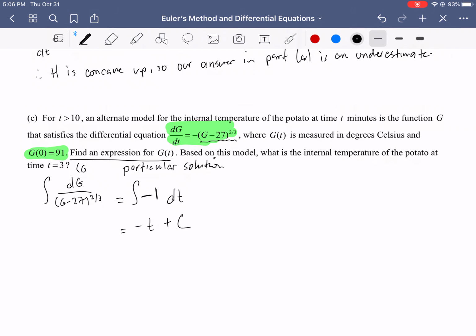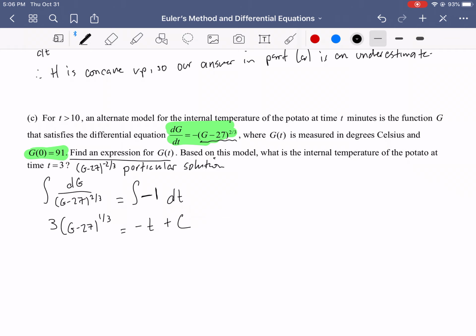I'm going to try to write it in this space right here. And so when I bump up and divide that, it's going to become g minus 27 to the positive 1/3, and then divided by 1/3 is really the same thing as times 3. Okay, so there's my antiderivative of the left-hand side.